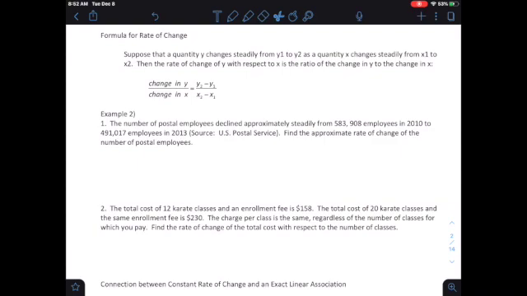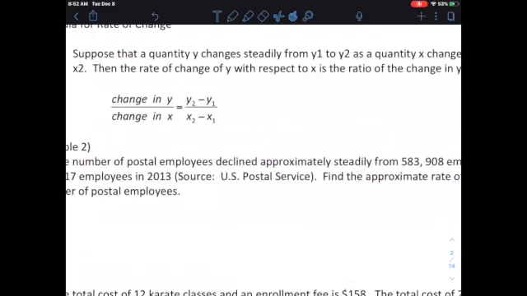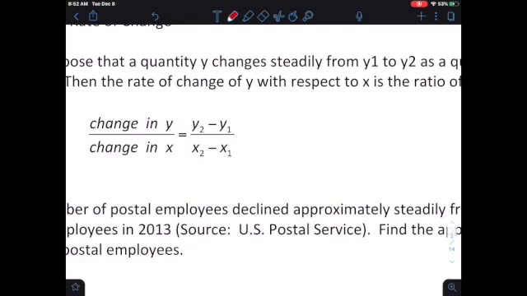Now, based on the example we had before, we can say the change in y is the first minus second, or second minus first. So it's going to be y2 minus y1. The change in x is x2 minus x1. You can also have this switched, and as long as you switch both x and y at the same time, it doesn't make any difference.